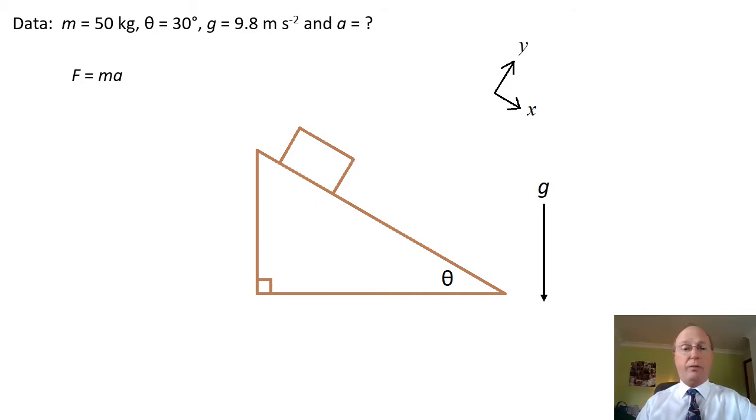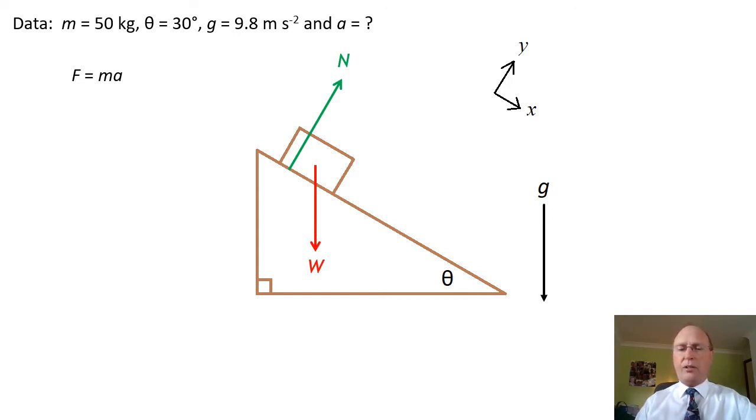Let's draw the force vectors. And the first one is weight. That is the force due to gravity. It starts from the center of the block, or center of mass, to be correct, and is downwards in direction. There is a normal force, which is perpendicular to the surface of the inclined plane. It points along the y-axis. This one's easy.